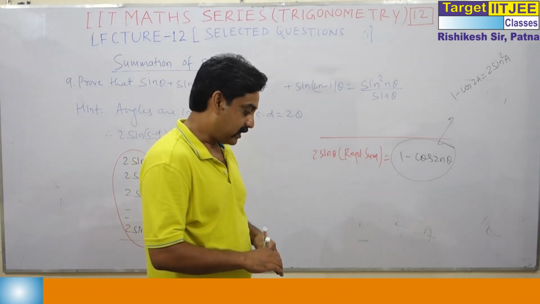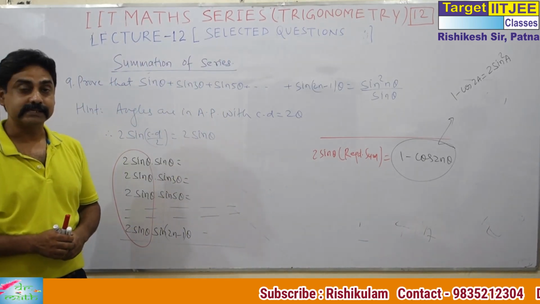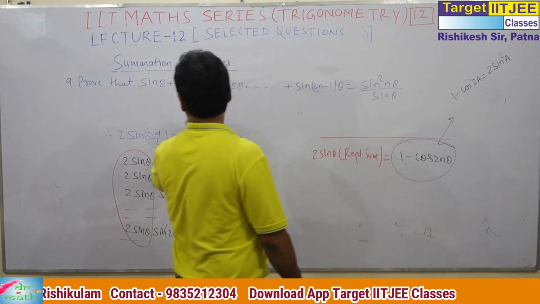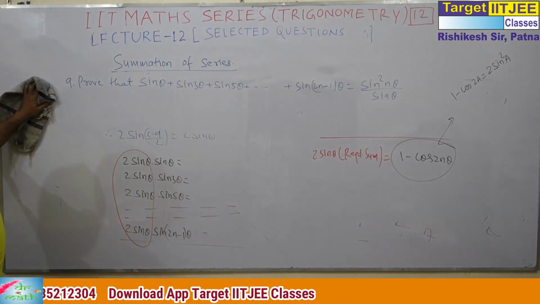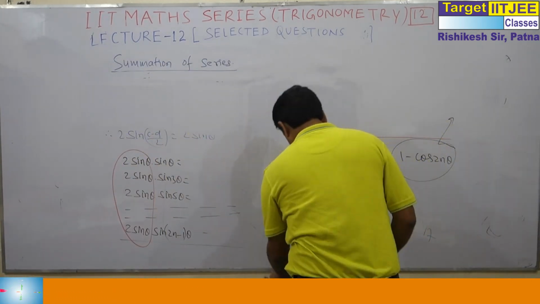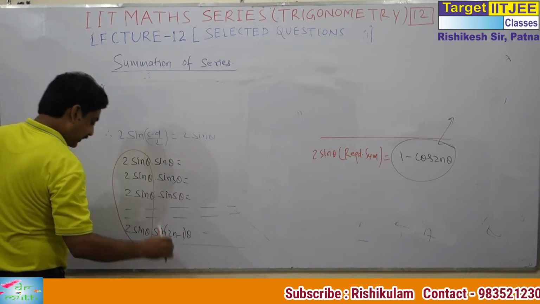Okay? Now come to the next question. This is again based on summation of series. So the next question, which is also on the summation of series, is number 10 in the list.